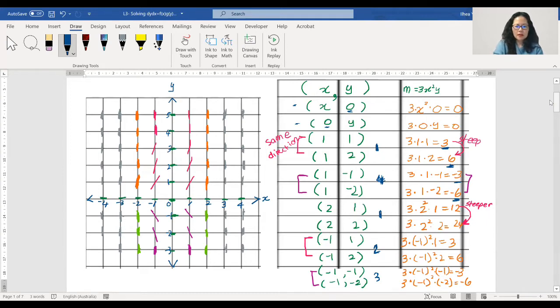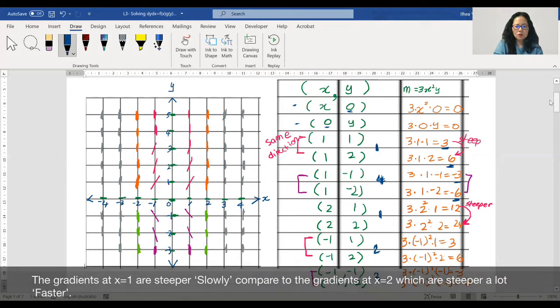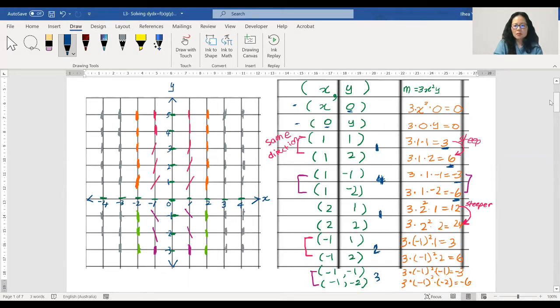In the pink line here at 1, it's slowly growing and going vertically. But when x equals 2, it's a lot quicker. It says 12 and the next one is 24. So on the graph at 2, it's almost vertically going up. All right, so that's what I've done.